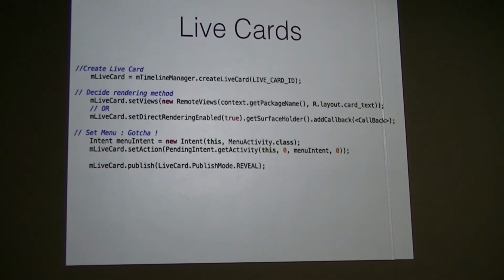Right now it kind of silently fails. It has to have the set action on it. I think the purpose behind this is that there should be a way for the user to remove your live card from the timeline, and you should provide that using a menu activity in which there will be an action to remove the live card. Pretty small thing, but it could save you some time.